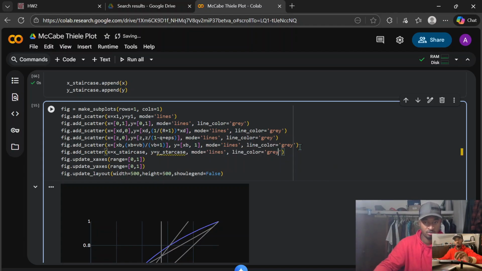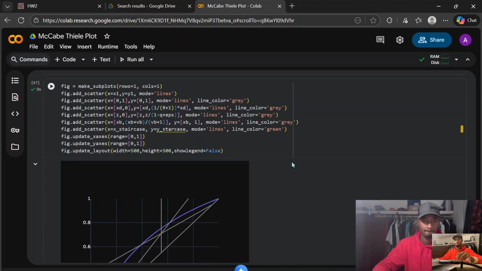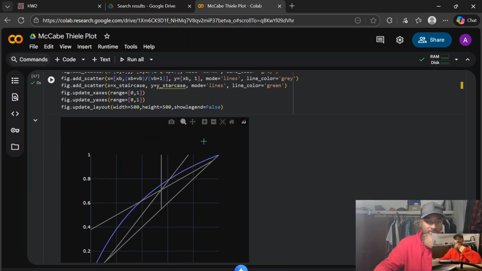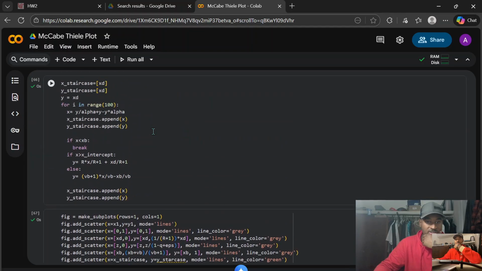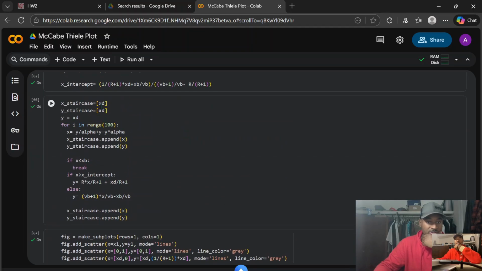We'll change the color of this to green, just to show the difference. It starts at XD, correct? Okay, hold on.